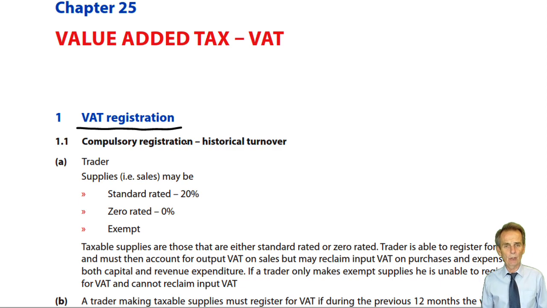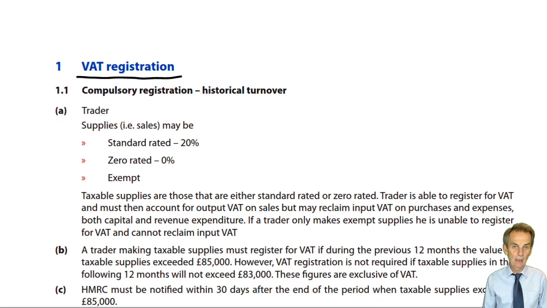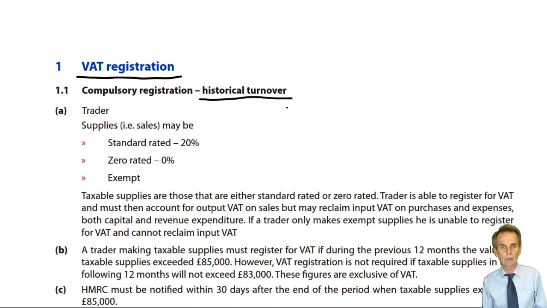As we'll discover, there are two tests in relation to that compulsory registration. The first, and probably quite logically, is based on historical turnover, the amount of sales that it has made in any given period, as we will discuss later. The trader, if they are required to account for VAT, therefore will have to deal with the type of supply that they make.